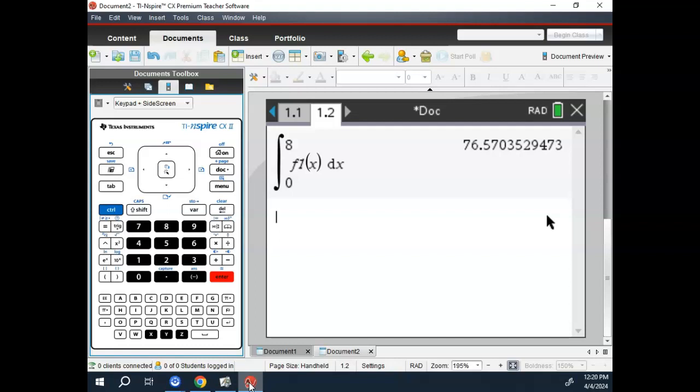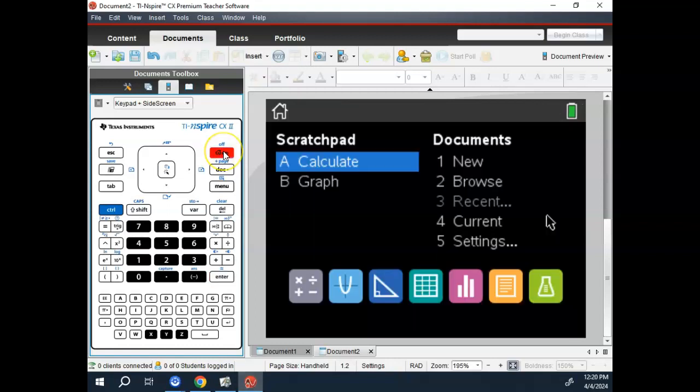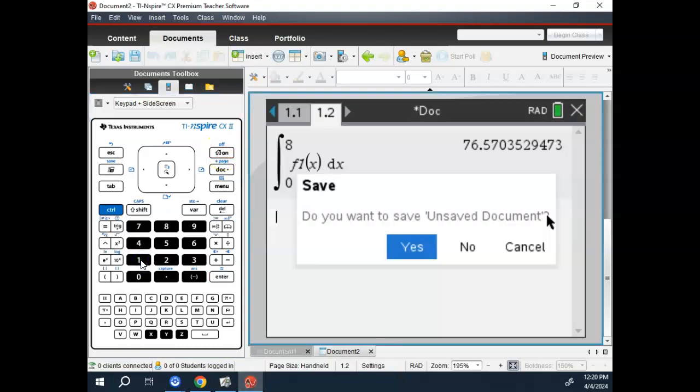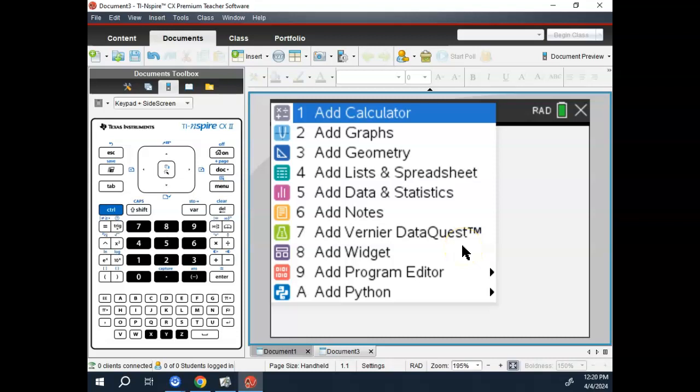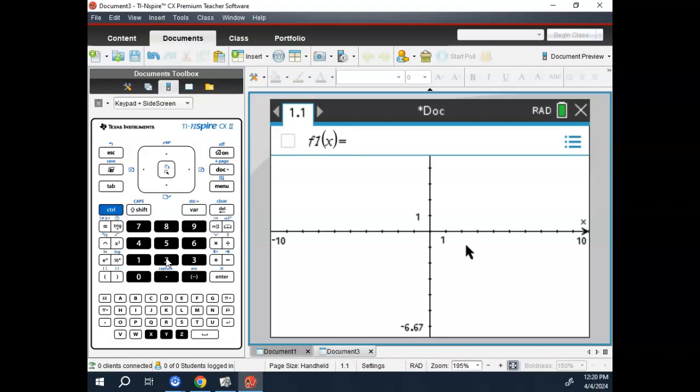Really, the best thing to do is just hit on and get a new one every time. That way you don't have to worry about anything being saved weird or whatever. I'm going to add a graph. You go ahead and do the rest.